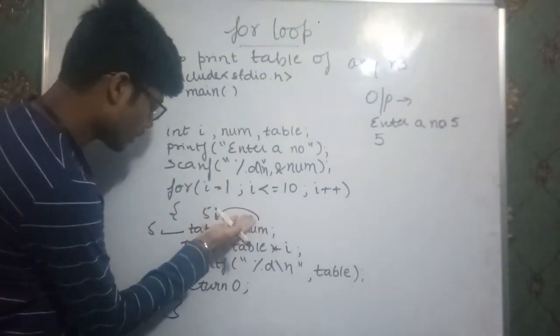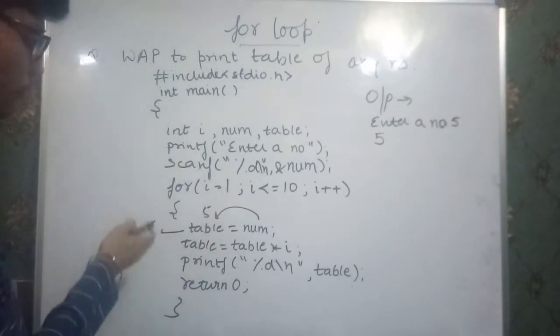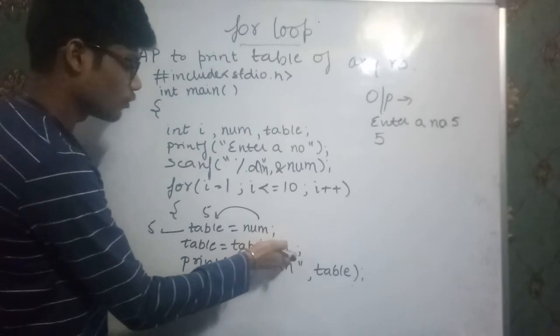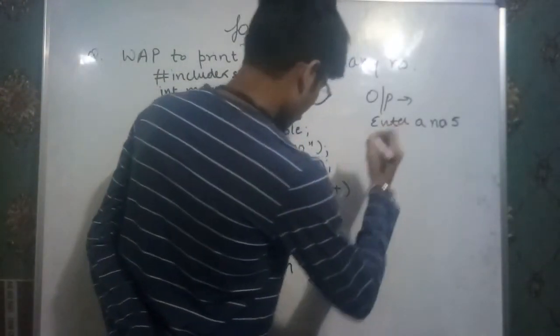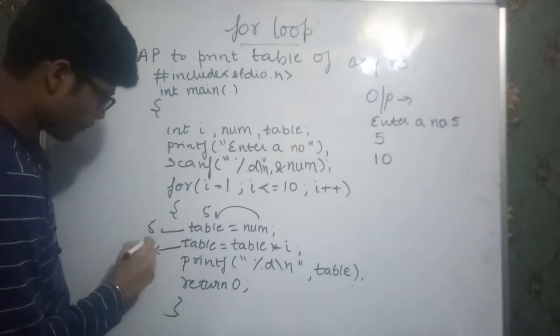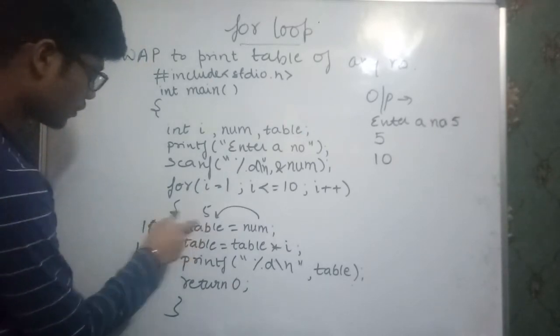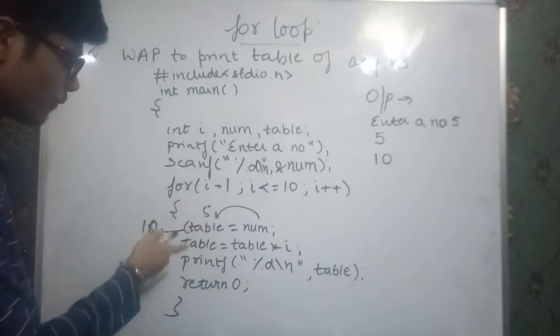So we transfer the num value to table as 5 again, and implement 5 into 2, that is 10. Now table becomes 10.